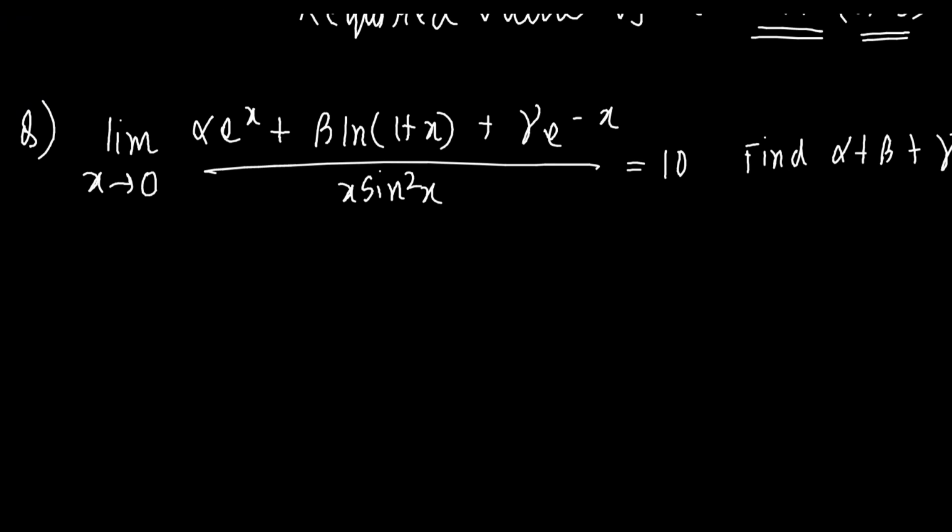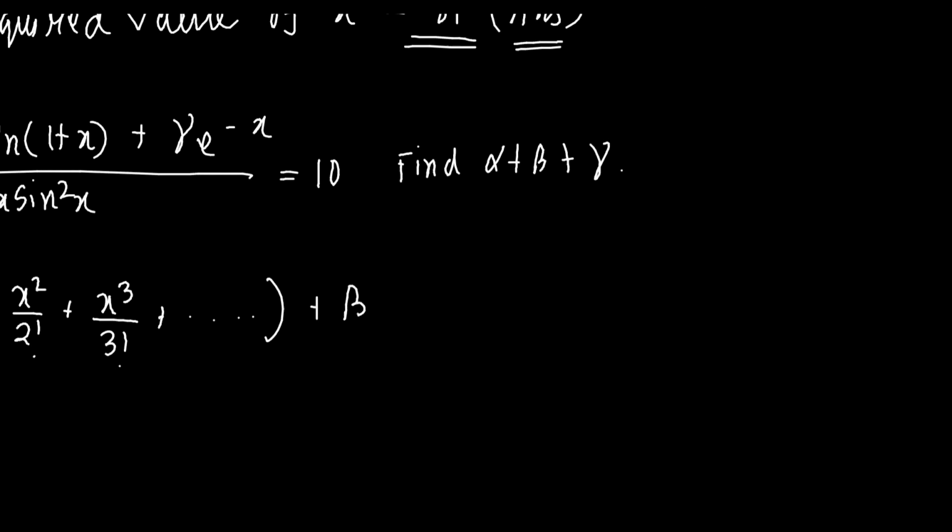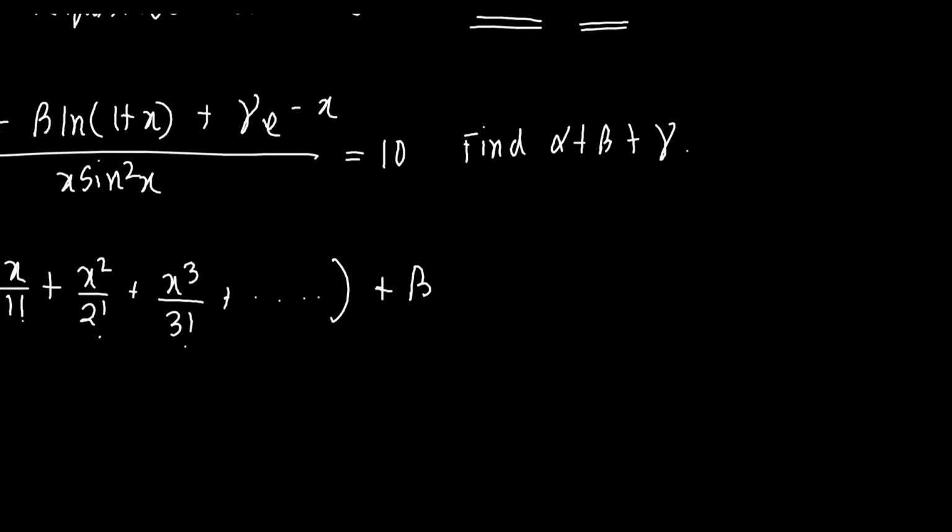So here we will use the series expansion, that is we will write limit x tends to 0 of alpha into, now what is the expansion of e to the power x? It is 1 plus x by 1 factorial plus x squared by 2 factorial plus x cubed by 3 factorial up to infinity. Plus beta, we will require only up to x cube, so I have written only up to x cube. So here x minus x squared by 2 plus x cubed by 3, the expansion of ln 1 plus x, up to infinity.